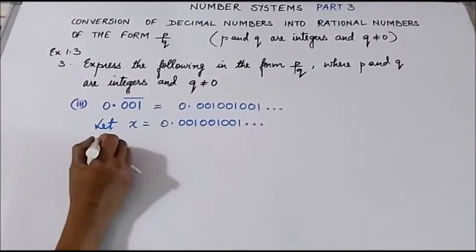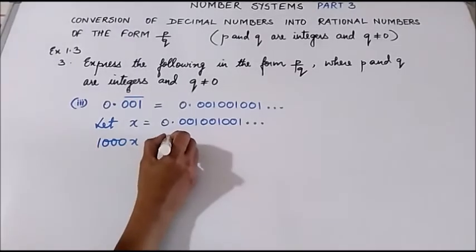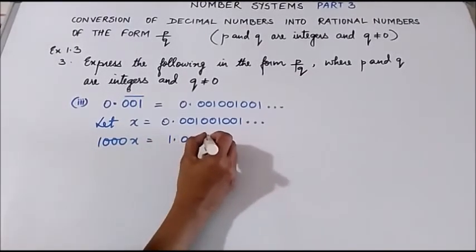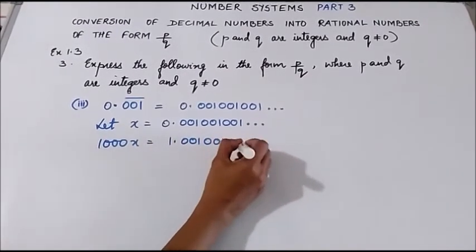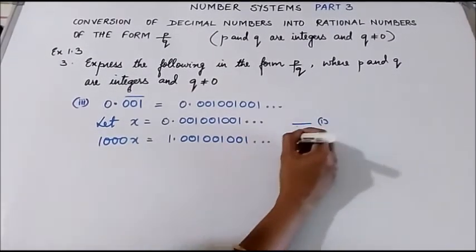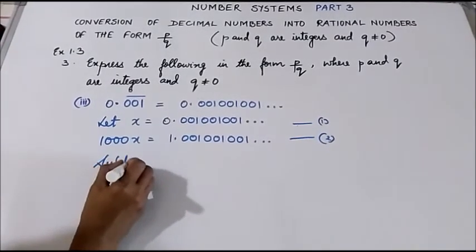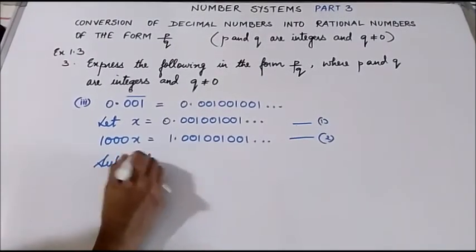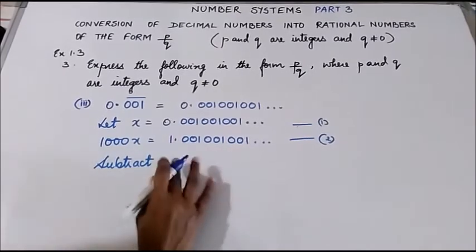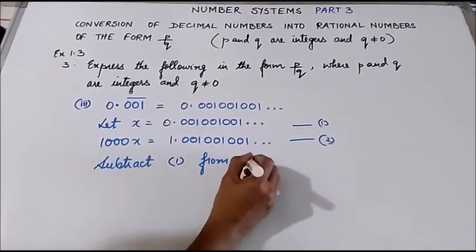Multiply 1000 to both the sides, we get 1000x equal to 1.001001. The first statement, the second statement, subtract statement 1 from statement 2.